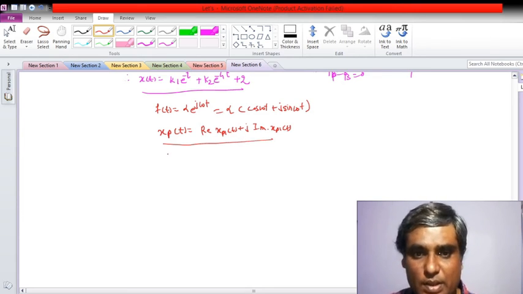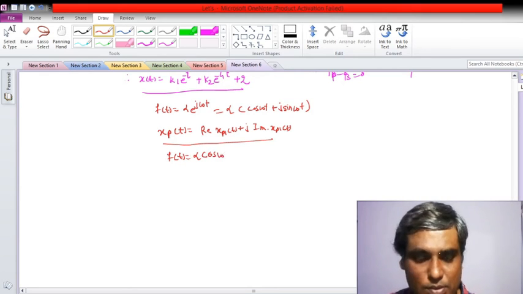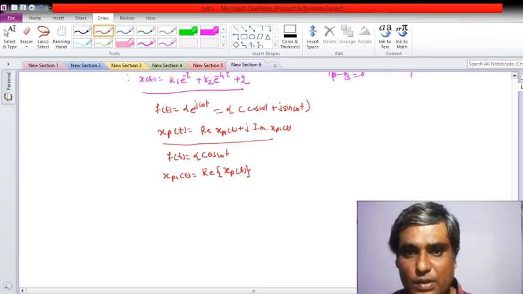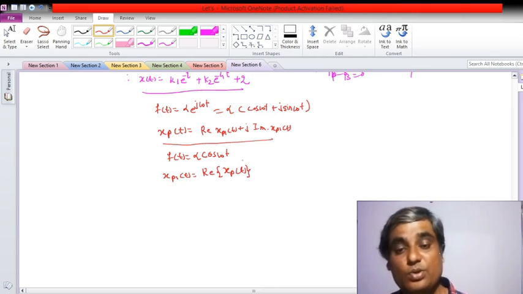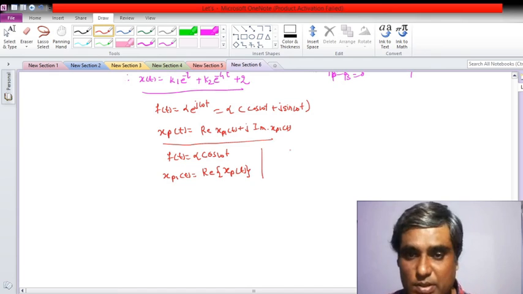For example, if f of t is alpha cos omega t, what will be my particular solution? It will be the real part of xp of t, or if it is alpha sin omega t, you find the imaginary part of xp of t. Let us clear this with an example.